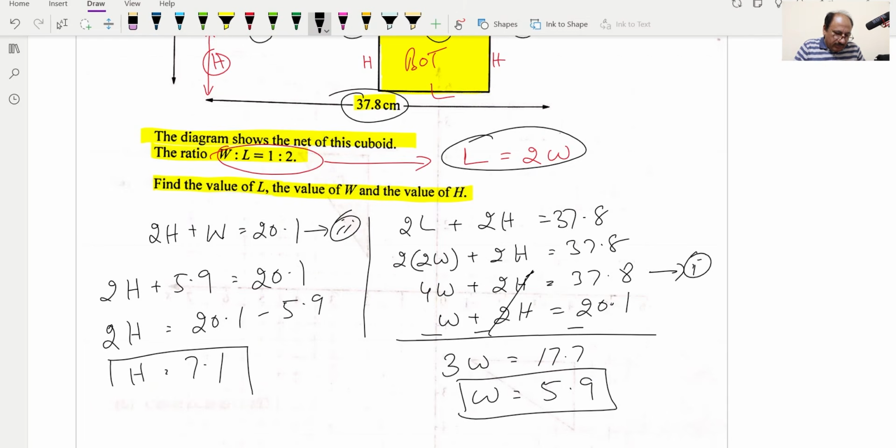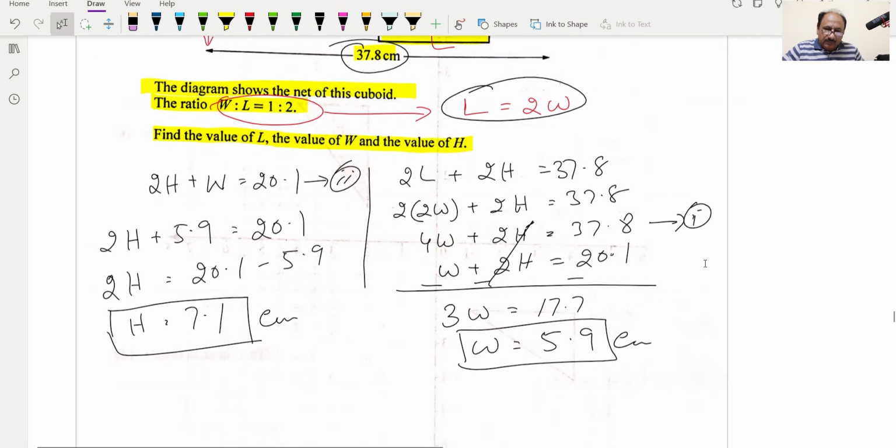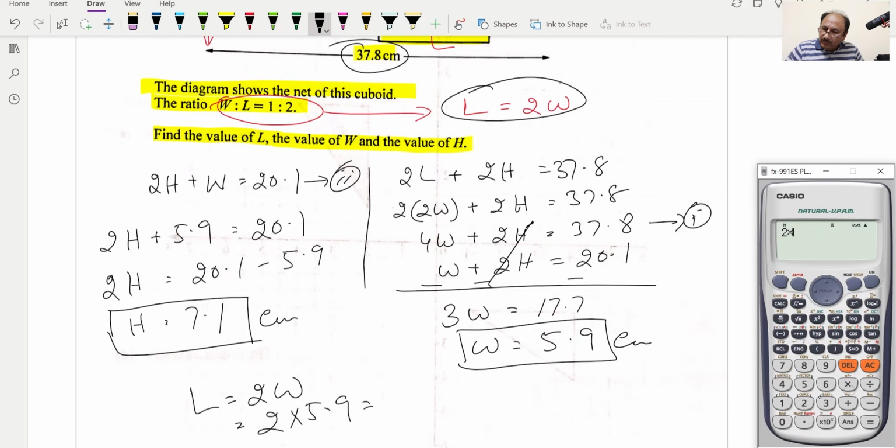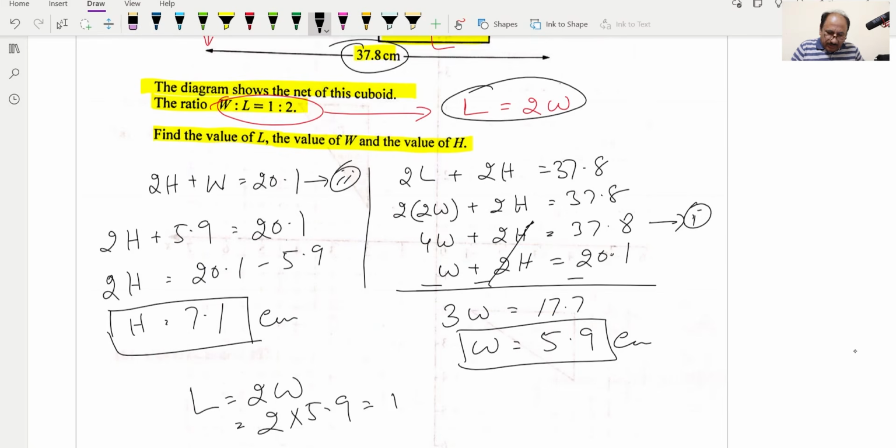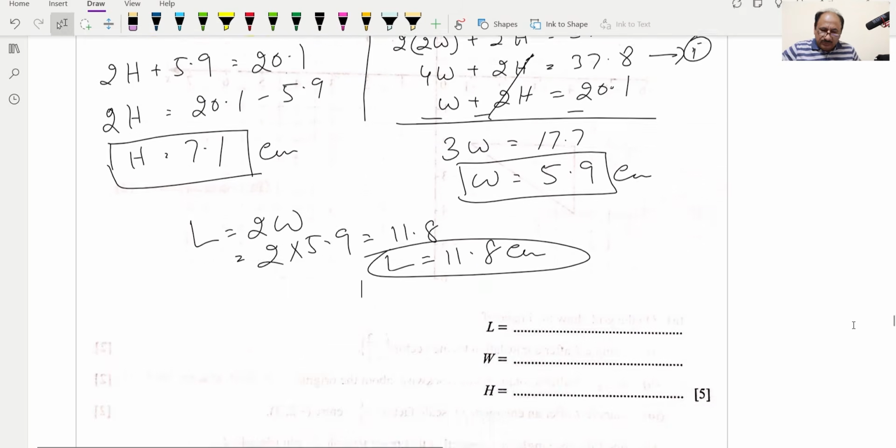So 7.1 centimeters will be basically H. Now we have H and W, and L we know. L is equal to 2W. So 2 multiplied by 5.9 is equal to 11.8, and L will be equal to 11.8 centimeters. This will be the third answer which is required.